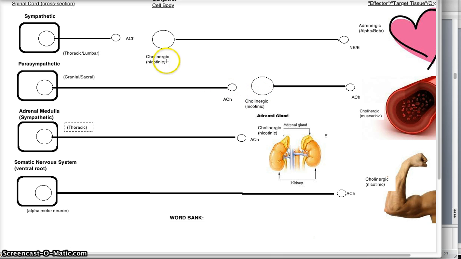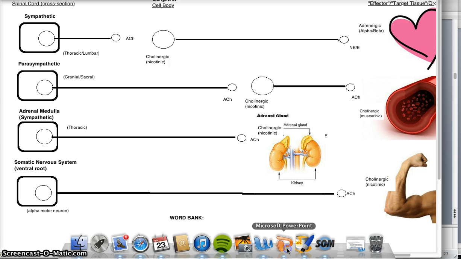To add to that, we'll also see these receptors on the adrenal medulla itself, and also within that motor unit and that motor end plate of the skeletal muscle fiber that communicates with the somatic nervous system. So that alpha motor neuron also releases acetylcholine, which is going to bind to cholinergic nicotinic receptors.